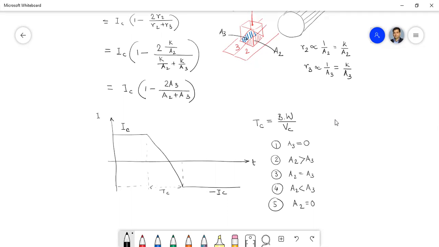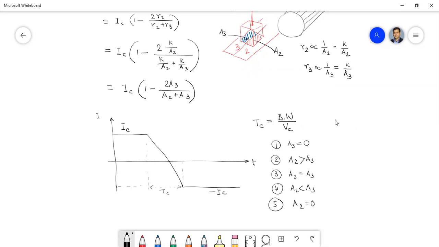At the first time instant, instant 1, the brush was totally in contact with commutator segment 2. Therefore, A3 we can take as 0.